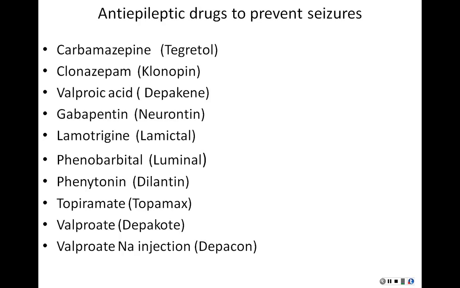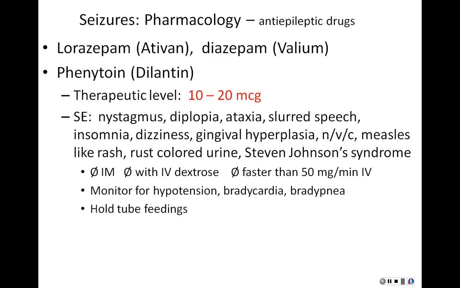Those are your anti-epileptics. I'll point these out because we'll see them used a lot. And that's going to be the Valium, Ativan, and Dilantin. And the Dilantin therapeutic level is just for the Dilantin. It's certainly not for the other two.